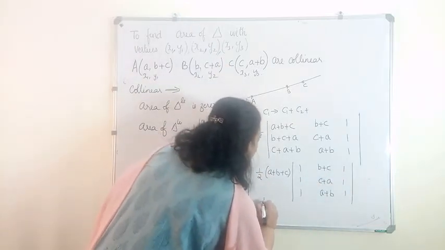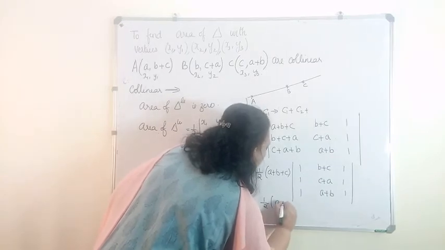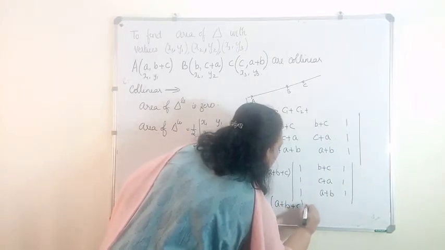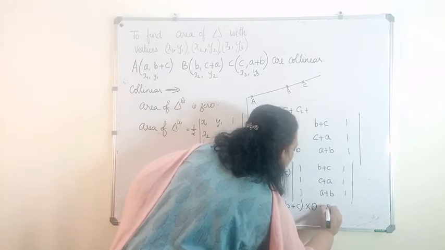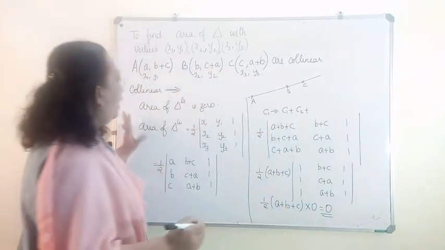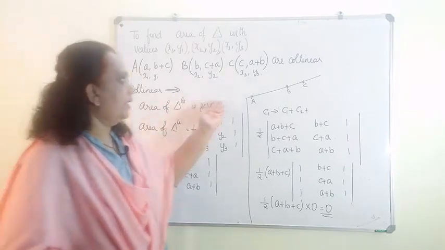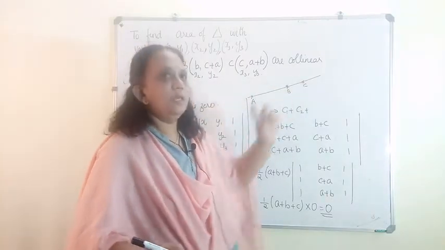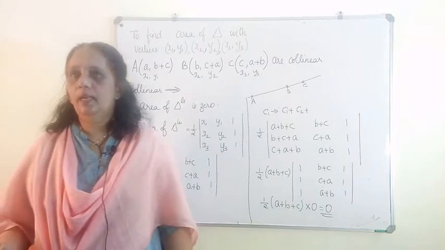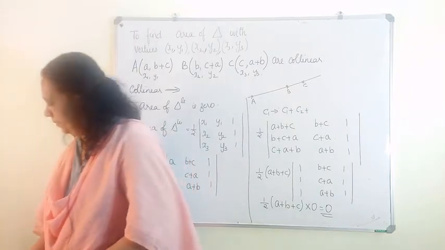So, this will be 1 by 2 into A plus B plus C into 0, which is equal to 0. So, you have got area of the triangle is equal to 0. What does it imply? The 3 points A, B and C are collinear.